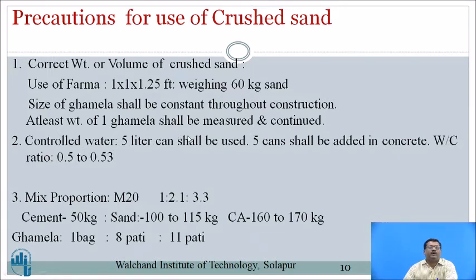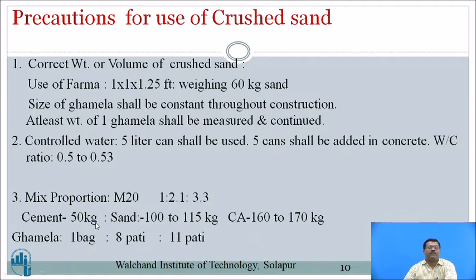Second is controlled water. A 5 liter can shall be used, with exact measurement of the water during the mixing. The water cement ratio shall be maintained at 0.5 for M20 grade of concrete, maximum up to 0.53. Now, the mix proportion for M20, after several calculations for these nearby materials, is observed as 1:2.1:3.3.